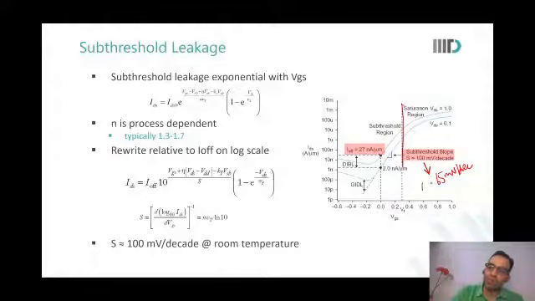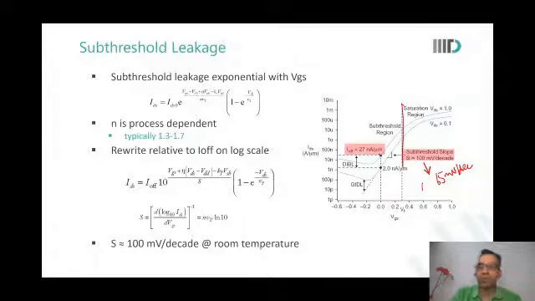Why is this 60 millivolts per decade preferable over 100 millivolts per decade? We've discussed this part also already. Sir, it is the best limit for silicon. No, my question is not why 60. I'm saying why lower is better. Sir, the ID will decrease per decade. Below VT, you want current to decrease faster.